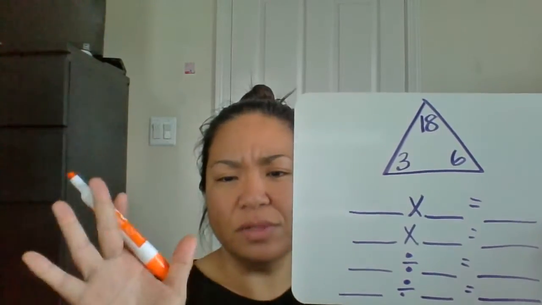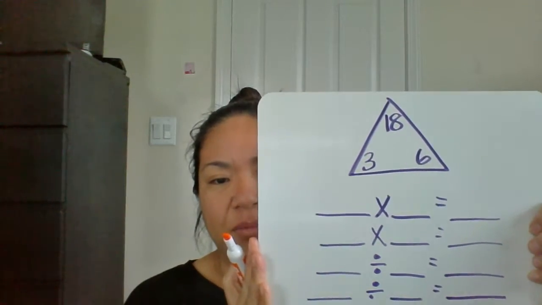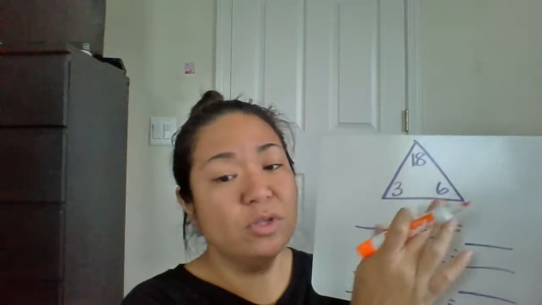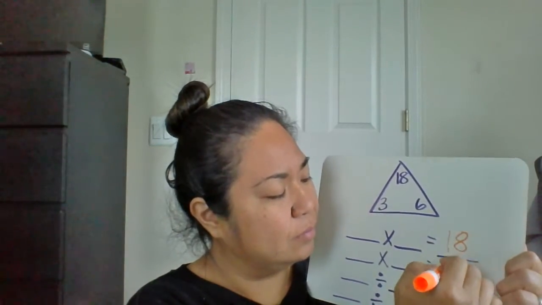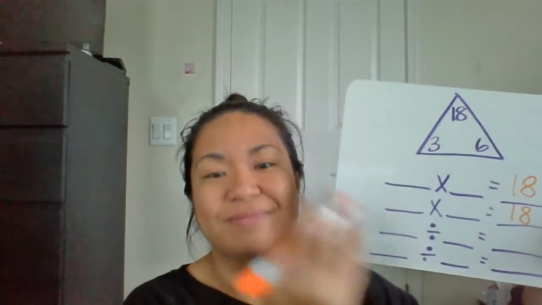Let's start with the biggest number. Which is the biggest number in this fact family? 18, right? So 18 in a multiplication equation goes at the end. But when we divide, it goes at the beginning.